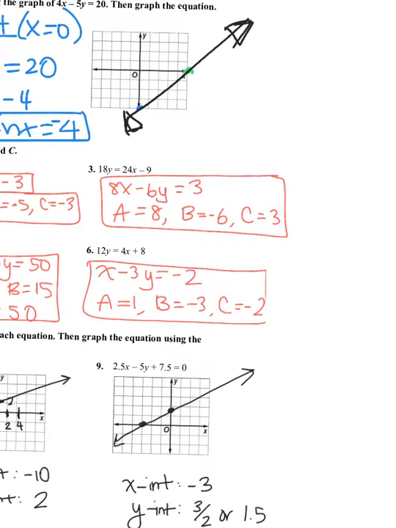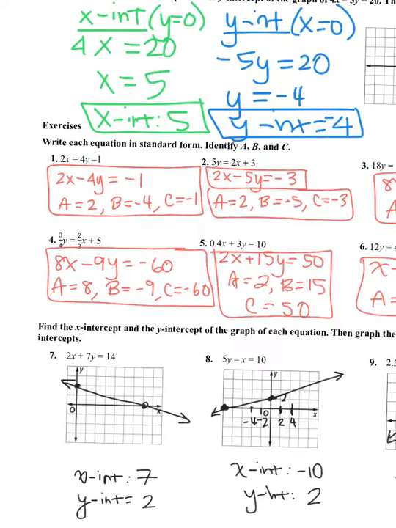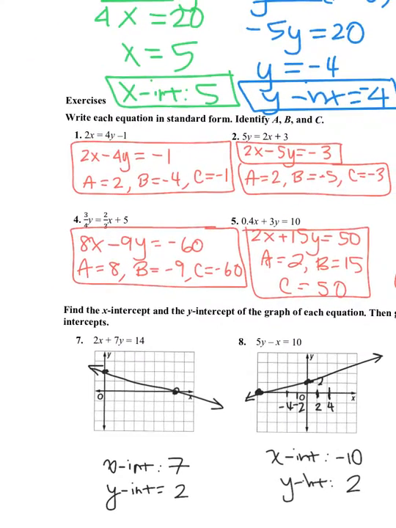Number 3, we have 8x minus 6y is equal to 3, and a is 8, b is -6, and c is 3. Going on to number 4, we have 8x minus 9y is equal to -60, a is 8, b is -9, c is -60.